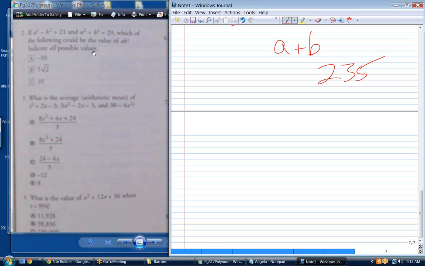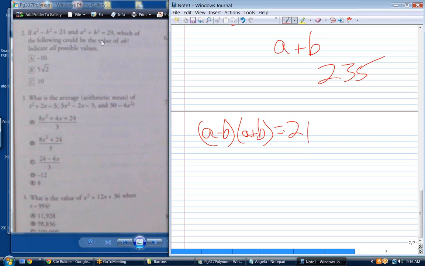I'm assuming to once again factor, let's see, to figure out what a and b are. Since I'm not sure we're going to be able to tell. So if we have a minus b times a plus b equals 21, this one doesn't factor.